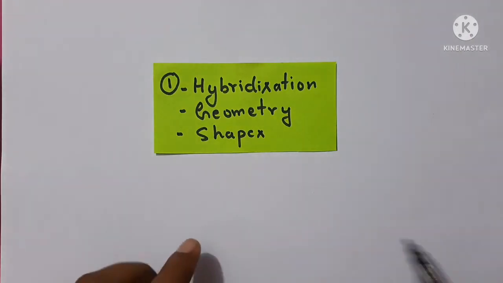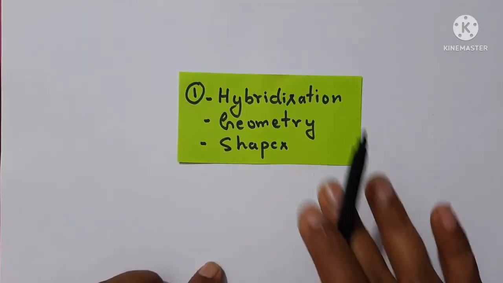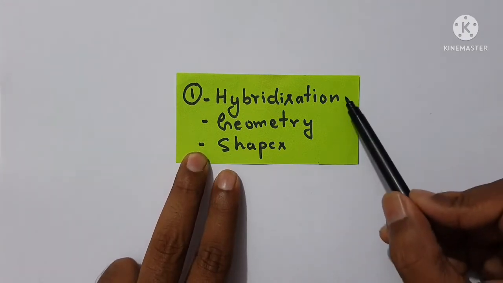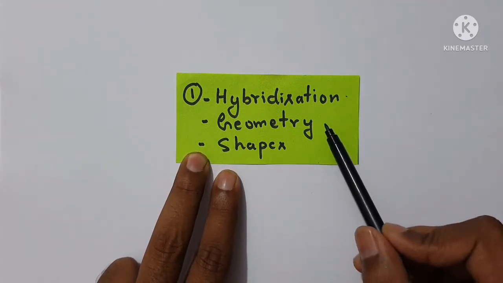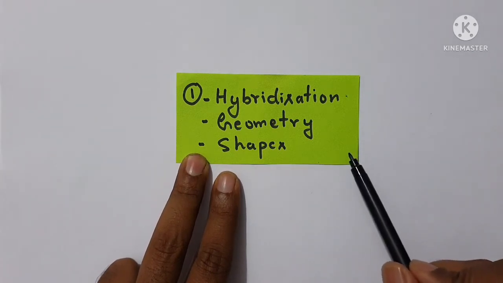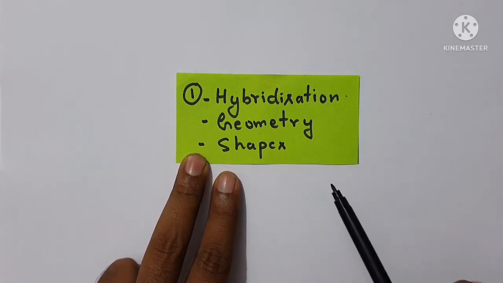Number 1. The most important and most repeated questions have been asked based on hybridization, geometry, and shapes. Hybridization is mainly from the chemical bonding chapter.